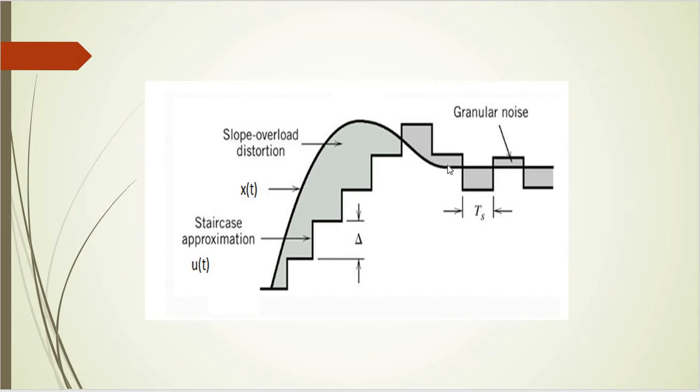And if the input amplitude is changing at a slower rate, the step size should decrease. In simple words, if the amplitude is changing at a faster rate, the step size should increase, and if it is not changing at a faster rate, the step size should decrease. Such a practical modulation system is called adaptive delta modulation.